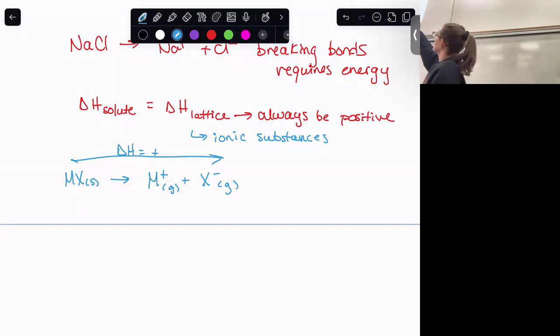So this reaction in its simplest form, we don't have an actual M element. There are just random metals and non-metals. This is your delta H of lattice, which is why it's positive.